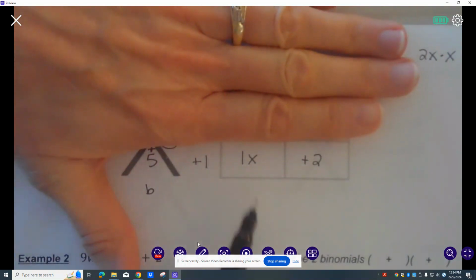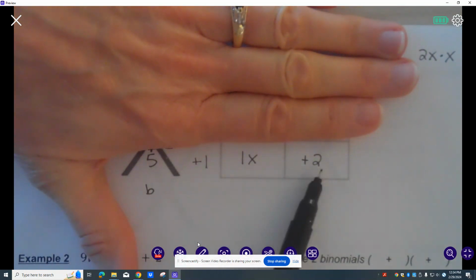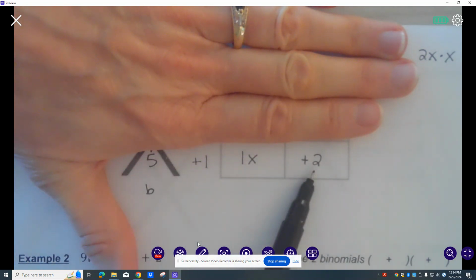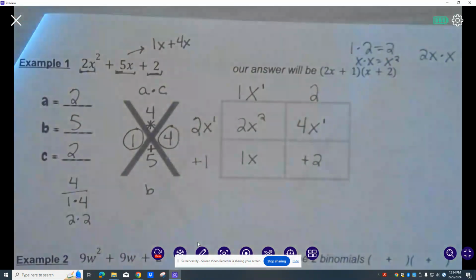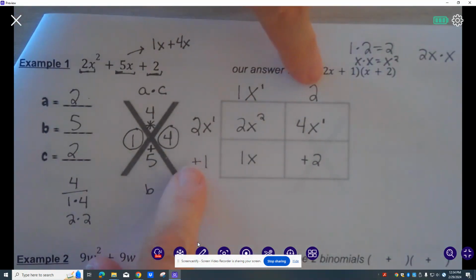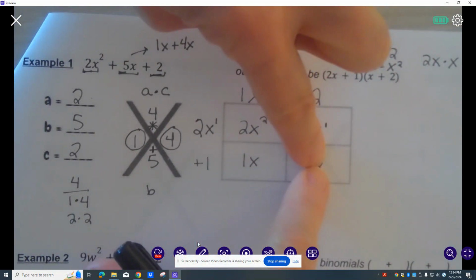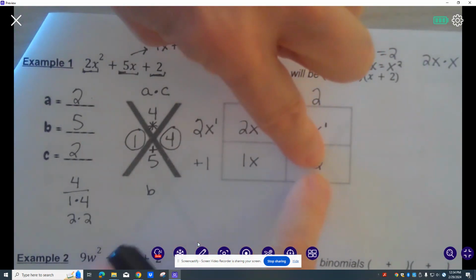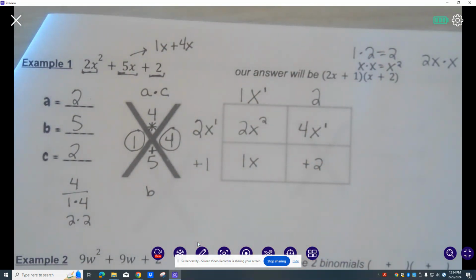And then again, if you look across this row, the greatest common factor of 1x and 2 is just 1. Now, if you did it right, when you multiply these two numbers, you should get a 2. So 2 times 1 is 2. So that means I did it correctly.